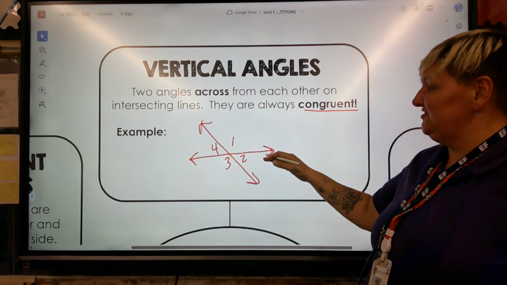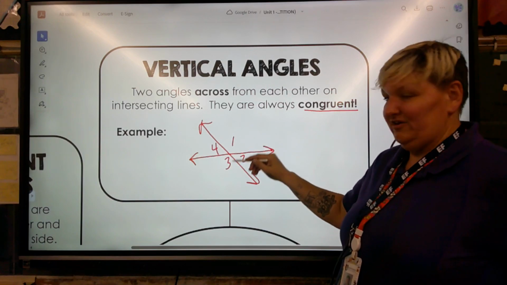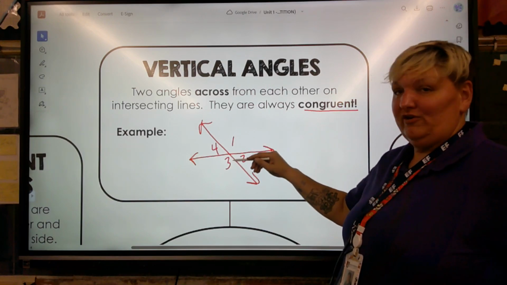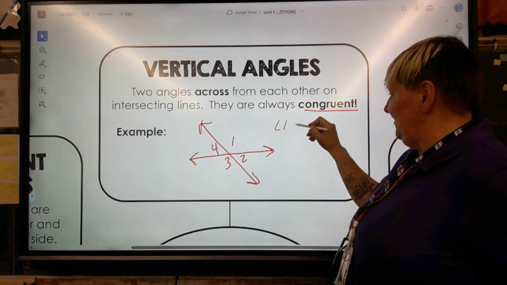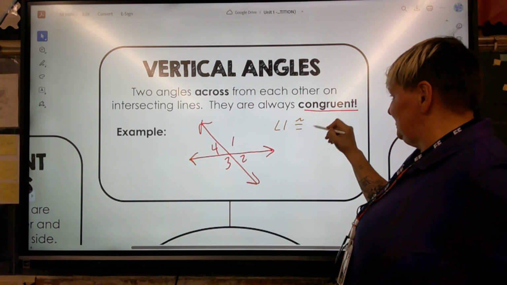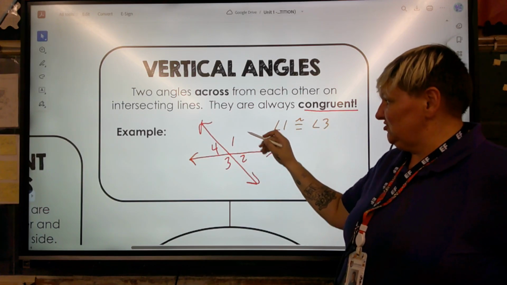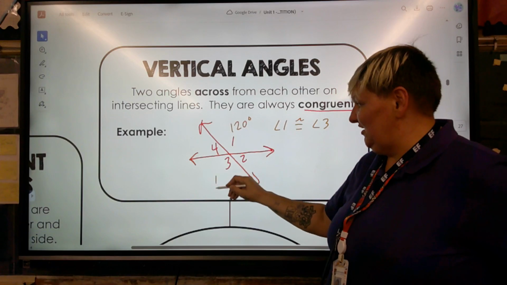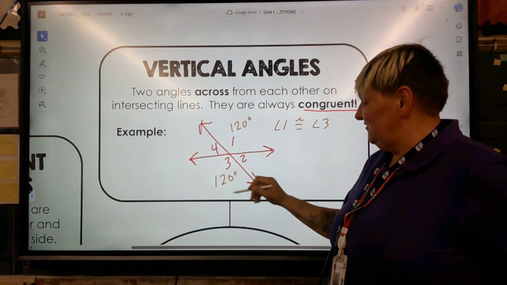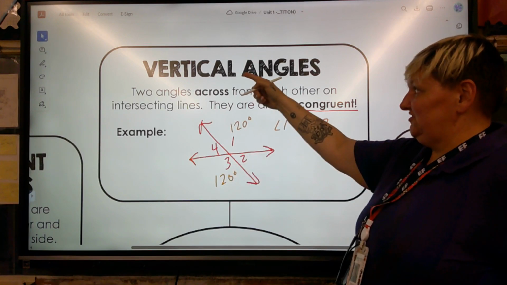If you have 2 intersecting lines, the angles that are across from each other are your vertical angles. So angle 1 is congruent to angle 3, meaning if angle 1 is 120 degrees, then angle 3 has to be 120 degrees. They're equal, congruent, they're across from each other, they're vertical.